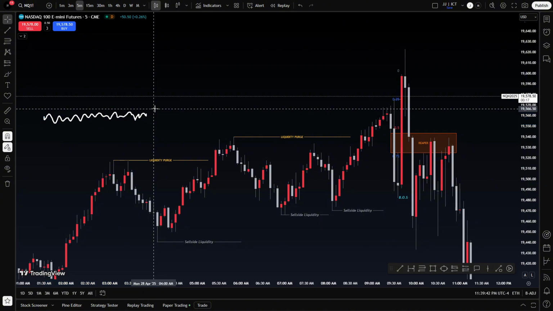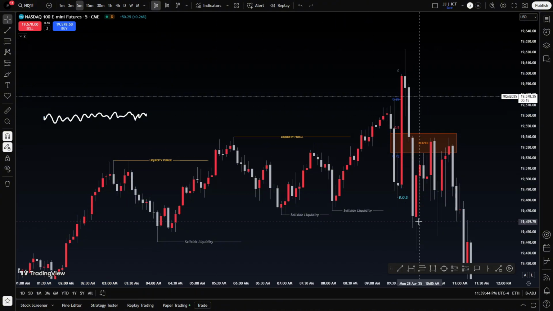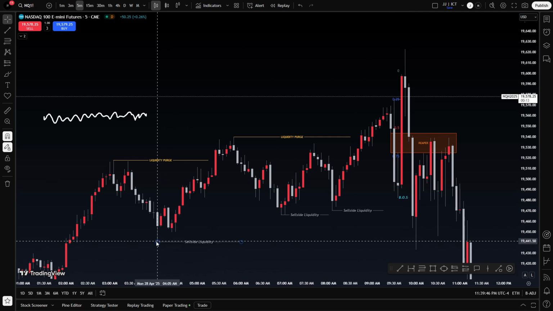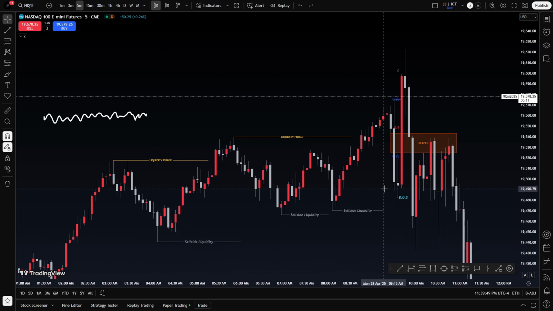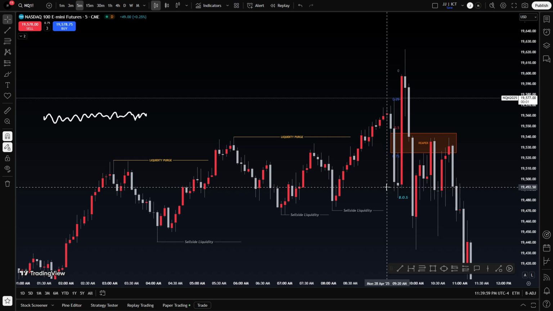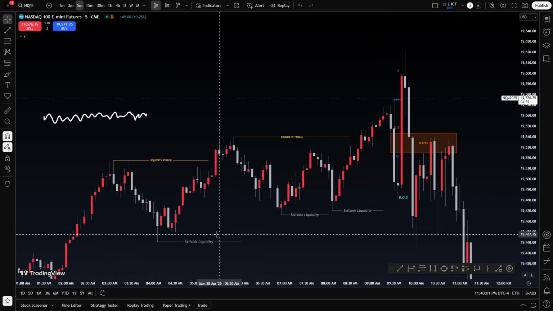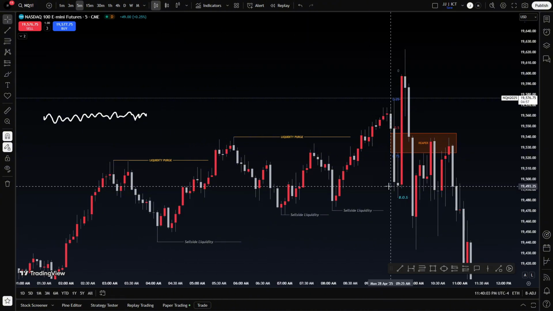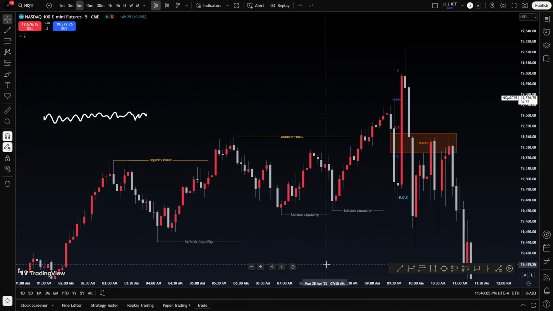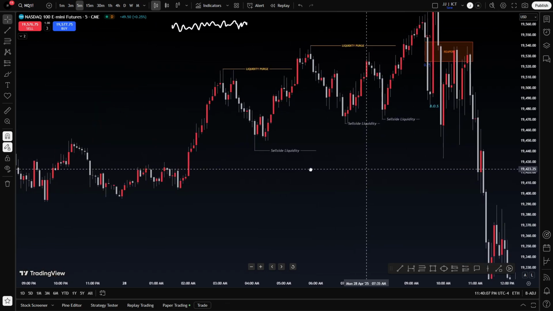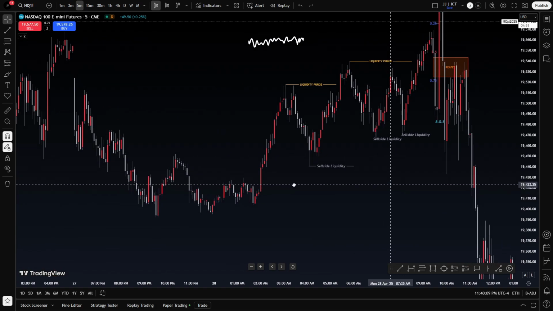But in this case, as it was distributing or beginning to distribute, it violated those lows. So what will you target? You would simply target something that's available, or, I'm trying to get the word, but is safe to take. Yeah, that's the word. That is safe to take and is not too far. Okay, since it already violated the lows you were going to take as a target, you look for something that's safe, not too far away, and is actually logical and makes sense to take.